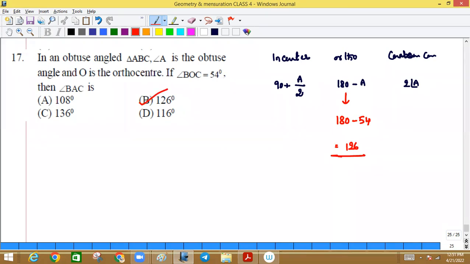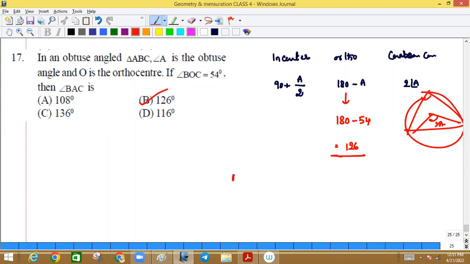Two internal angular bisectors means it is the incenter. At the incenter, what was the angle? It was 90 plus angle A by 2. What is it at the orthocenter? If it is A, it is 180 minus A. What is it at the circumcenter? If it is A, the angle at the center is 2A, right? And all the angles are the same when it is an equilateral triangle.